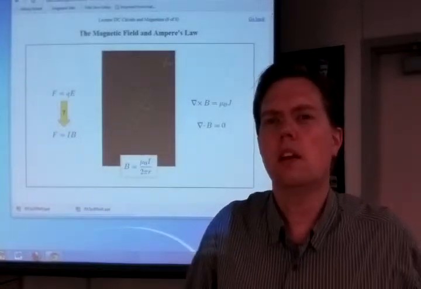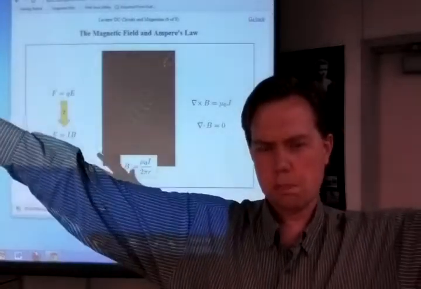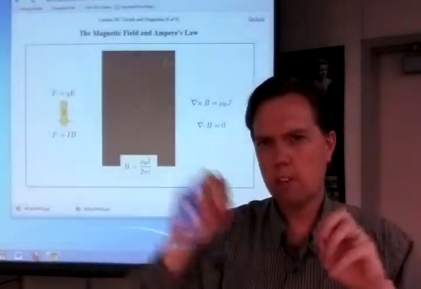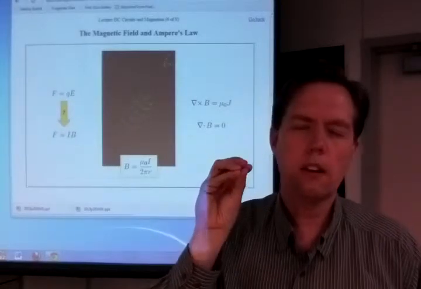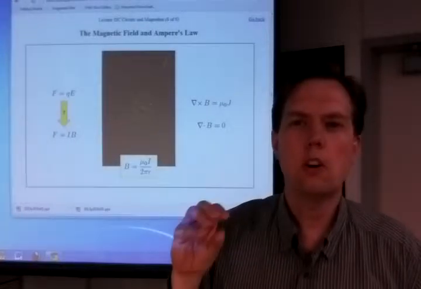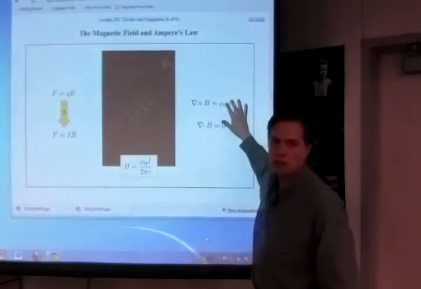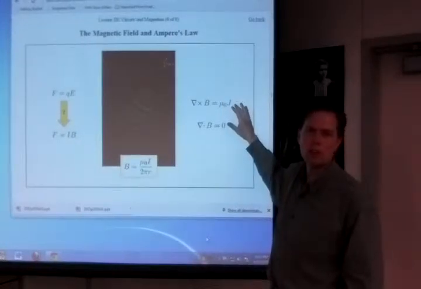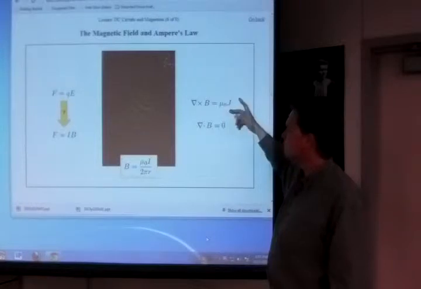In the same way the electric field wants to splay out like that, that diagram where the electric field is pure divergence, the magnetic field is pure circulation. And that's why I wrote these formulas here. If you remember when we talked about divergence and curl, we had similar formulas, but here it's swapped, right?